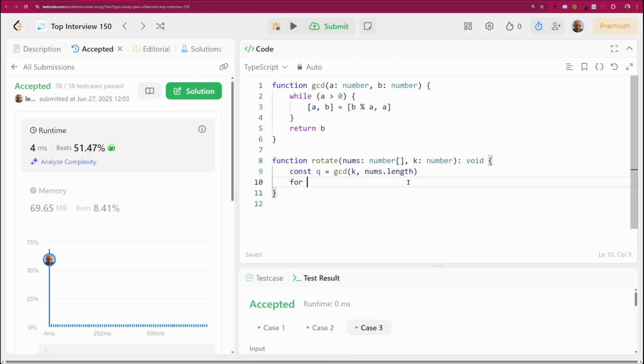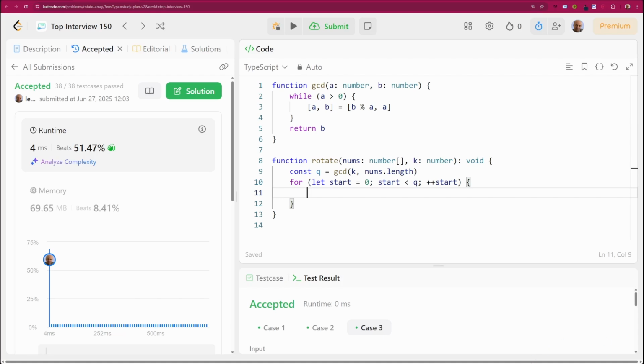So the outer loop will be, let starting position be 0, and then the starting position has to go all the way to Q minus 1. Well, sorry. So it should be less than Q, and then plus plus start. Right? Excellent.